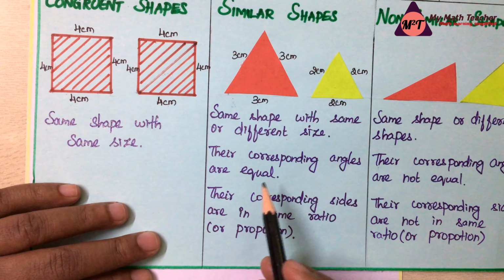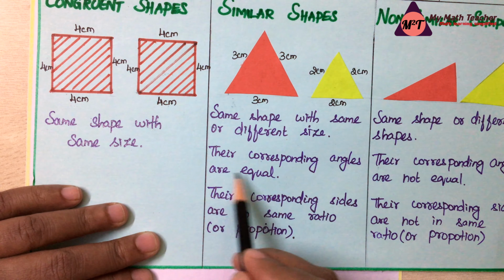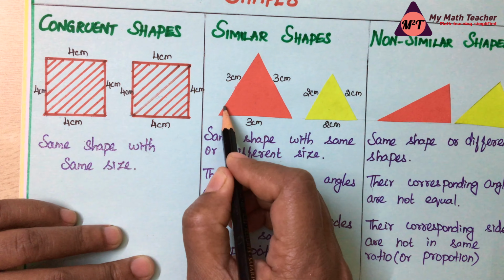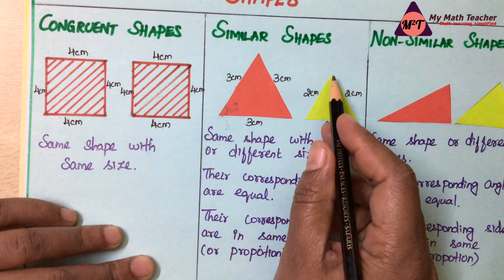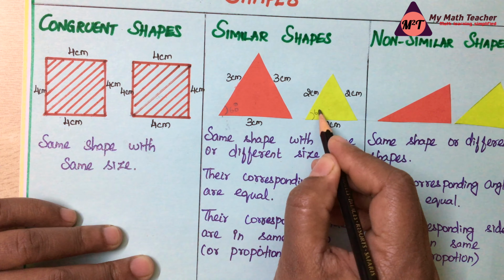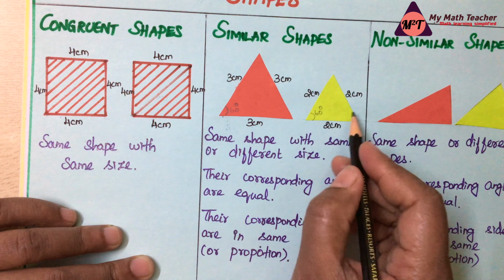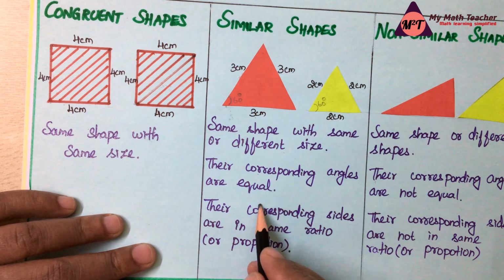Now, what are the other important points to note? Their corresponding angles are equal. We know that in an equilateral triangle the angle is 60 degrees. Even if the triangle is smaller than this, the same angles will be there, that is 60, 60, 60. So their corresponding angles are always equal.